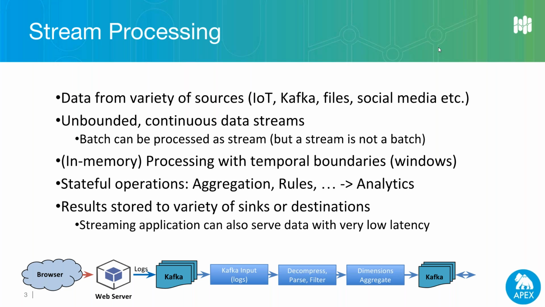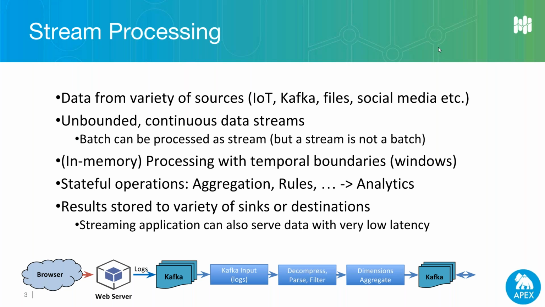So this diagram over here shows basically what typically is a data processing pipeline. So we have some logs coming from a web server. Typically, we push them to Kafka. And after that, you can see these three boxes, which are essentially what we call operators when we write an Apex application.